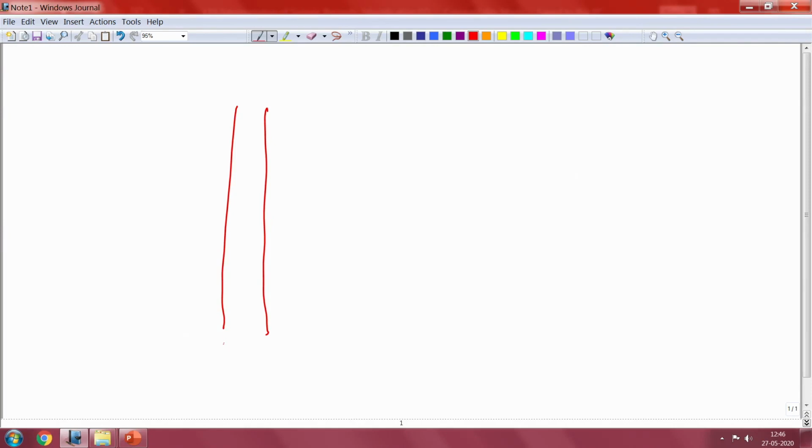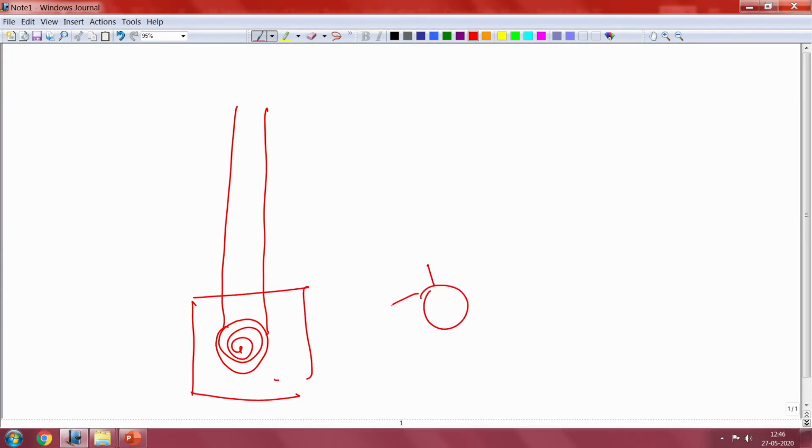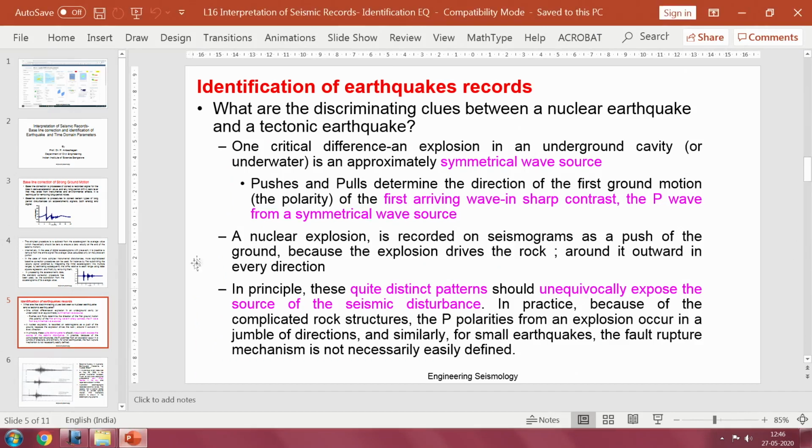They drill, keep a nuclear device or any explosive, and then explode. The area in which it is exploded is very small, so the explosion radiates equivalent energy in all directions. Because the area is small, the waveform recorded here will be symmetrical. That is one of the clues you can use to identify whether it is an earthquake or an explosion.